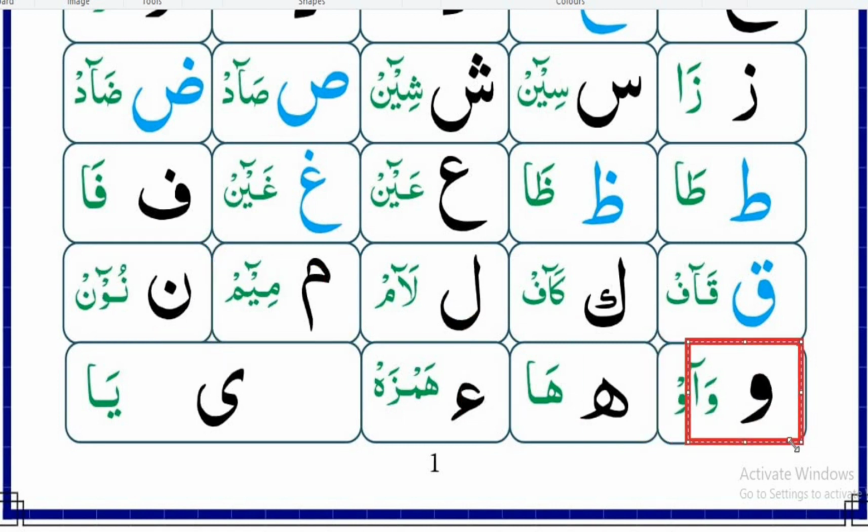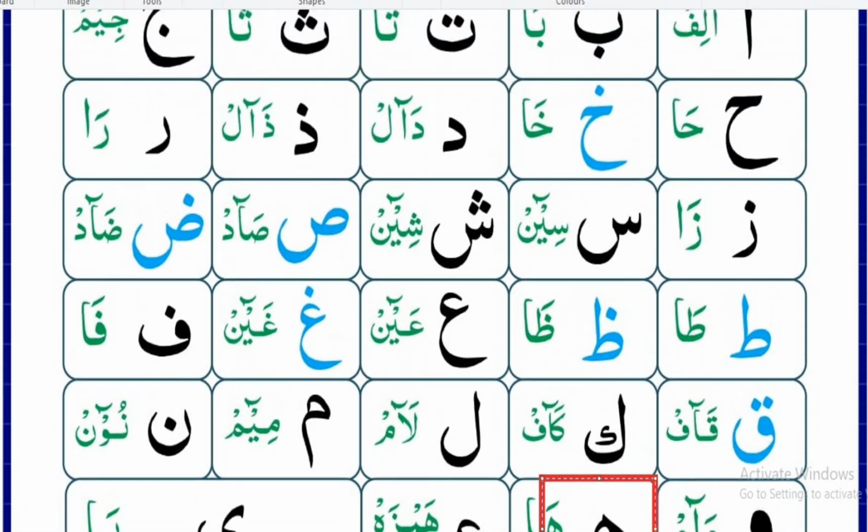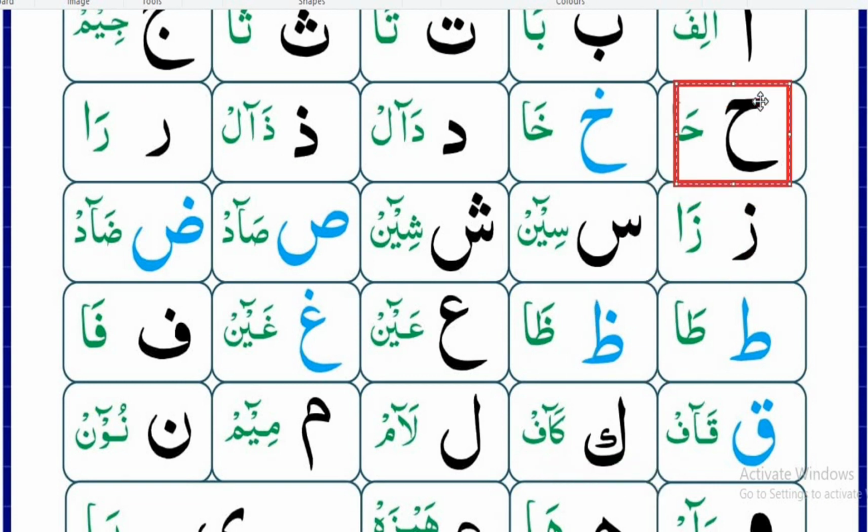And this one looks like a dal, but the top part of the letter is a bit different. That is waw. That one is ha. There was a similar sound here, this one, but that was ha. That's more like a sharp sound.